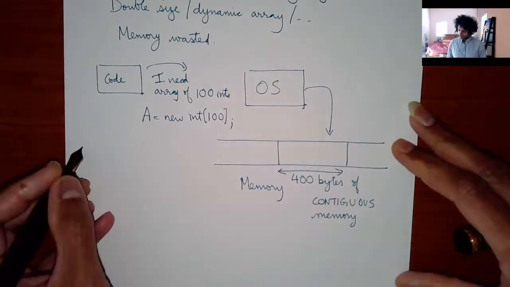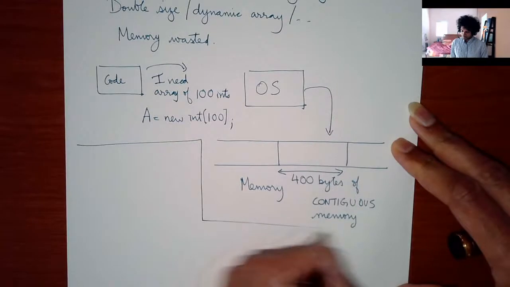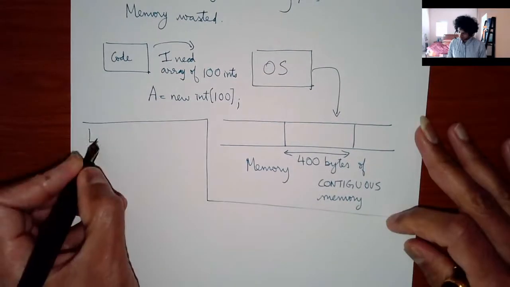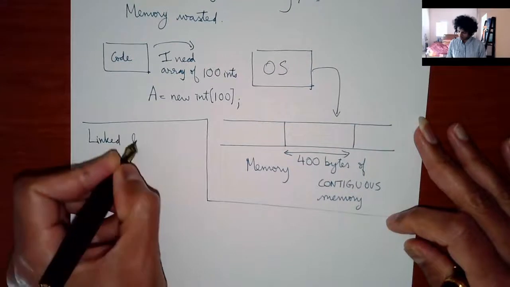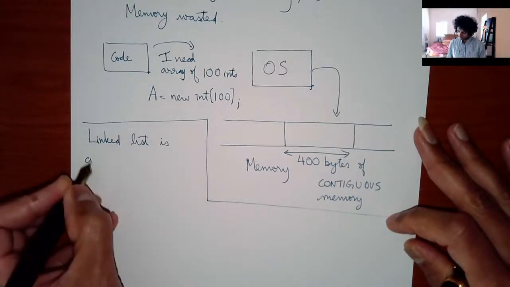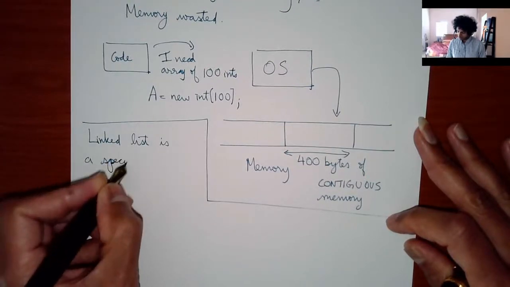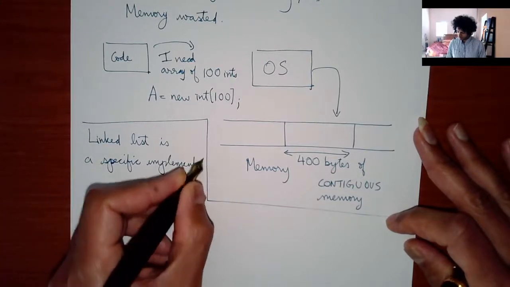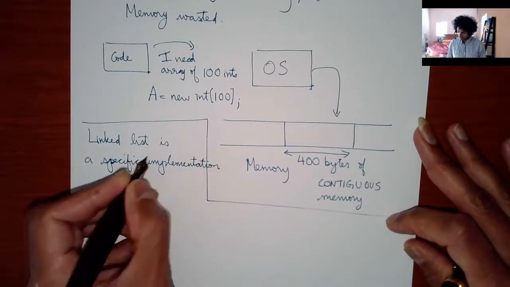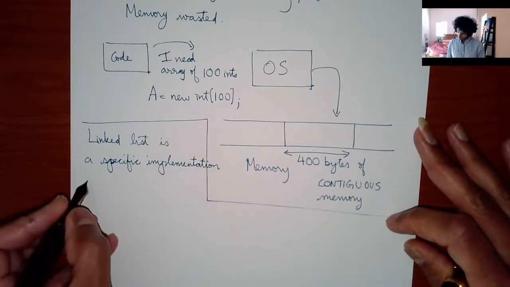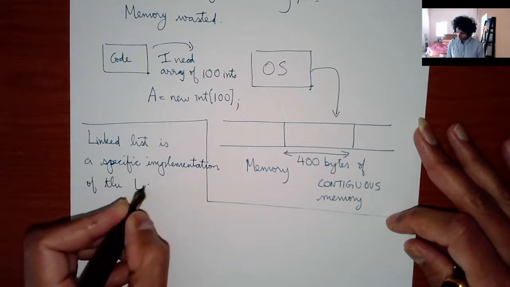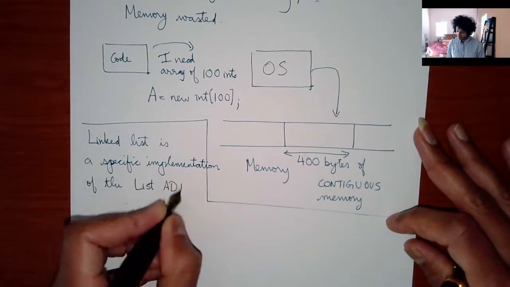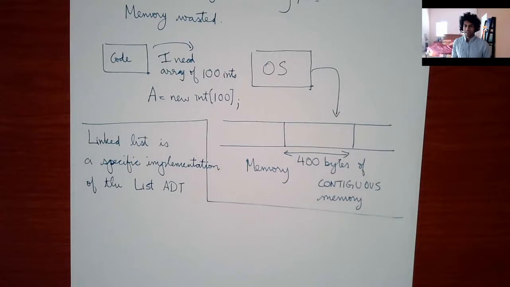And so what a linked list is, a linked list is a specific implementation of the list abstract data type. What I mean by that is it's a specific implementation of storing your data that allows for finds, updates, inserts, and deletes.